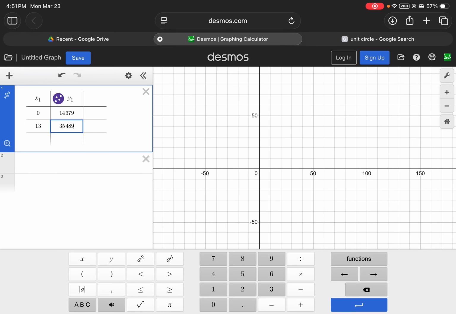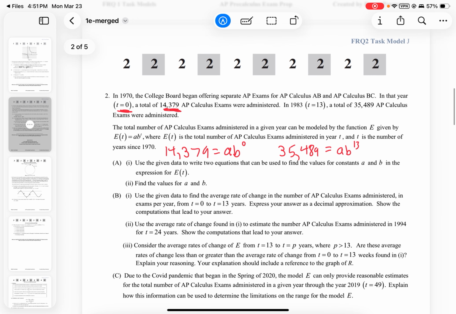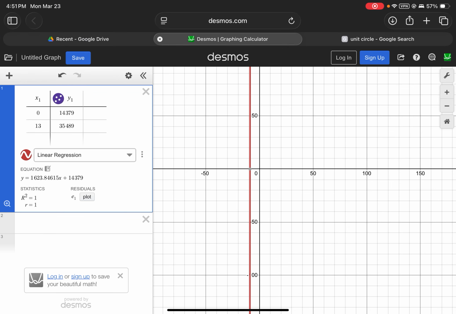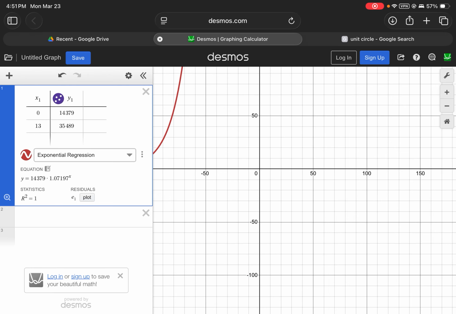Now, because this is a perfect exponential function, y equals AB to the t, the standard exponential function, I can just click on the regression button and go to exponential.